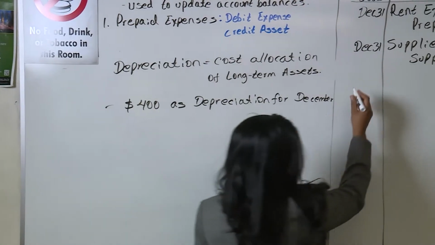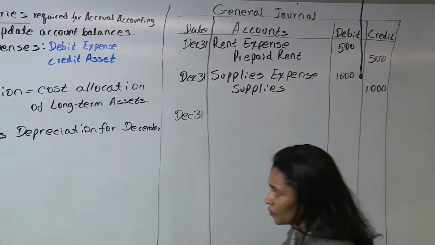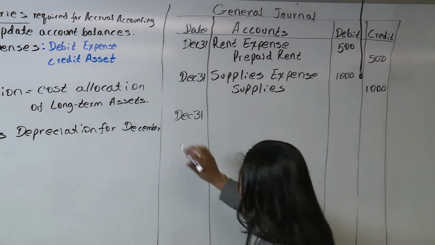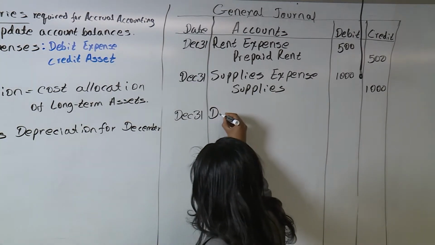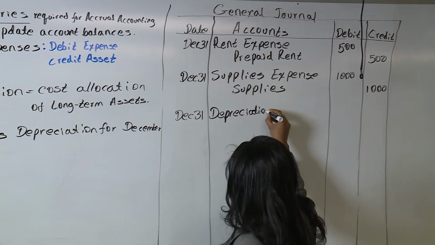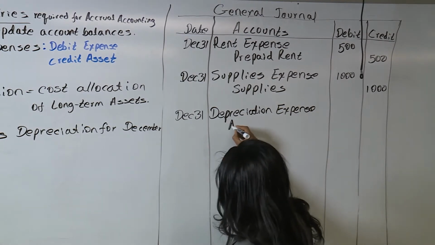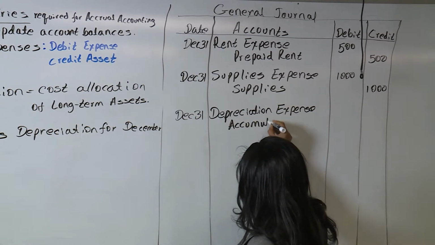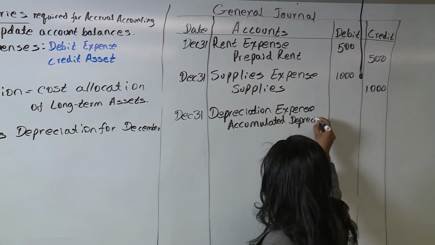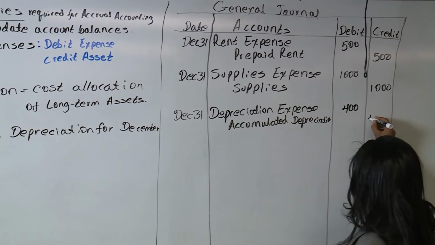So here's our journal entry. The same December 31st, we're trying to finalize, so we are doing all these things at the end of the period. For December 31st, we use these two accounts, depreciation expense and accumulated depreciation for $400.